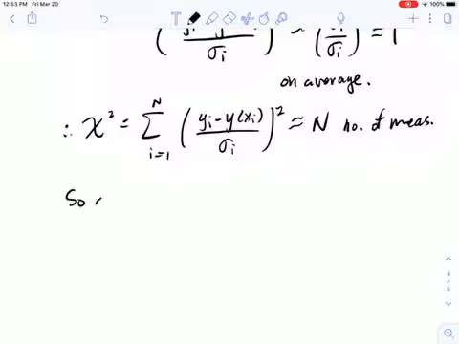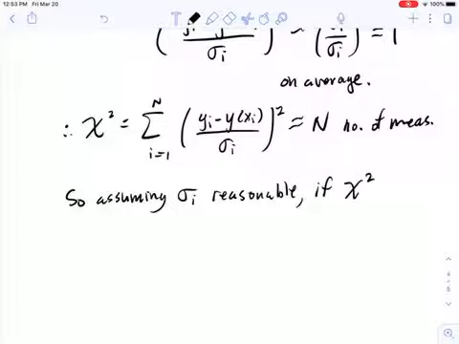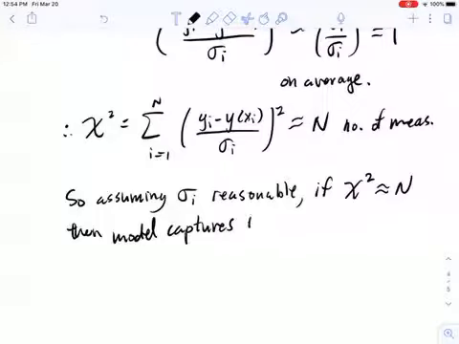So, assuming that sigma i is reasonable, if chi-squared is about equal to n, then we should conclude that our model captures the features of the data.